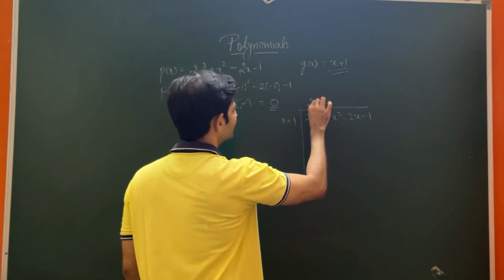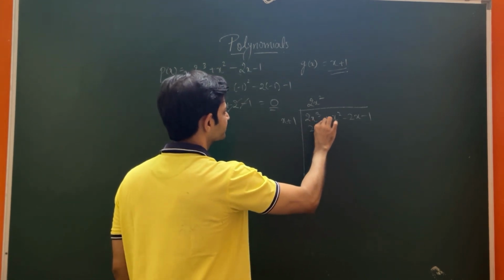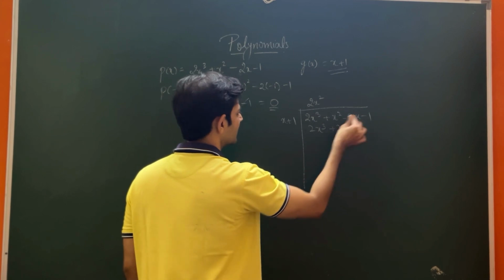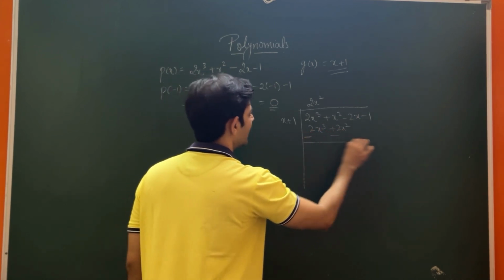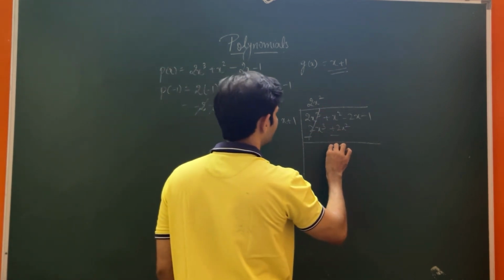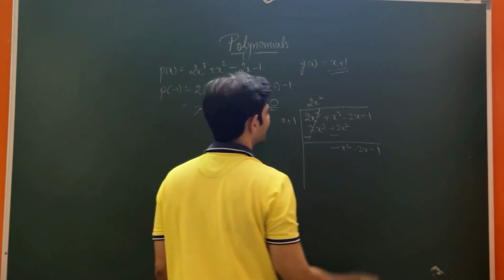So we multiply this with 2x squared. So 2x squared into x is 2x cubed. 2x squared into 1 is 2x squared. We flip the signs and we get this gets cancelled and we get here minus x squared minus 2x minus 1.